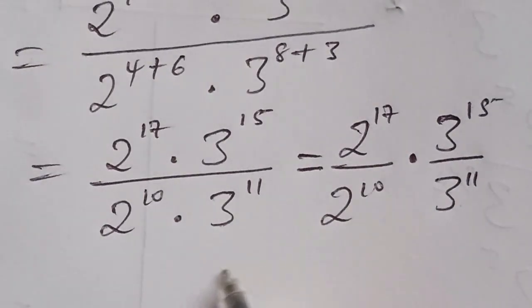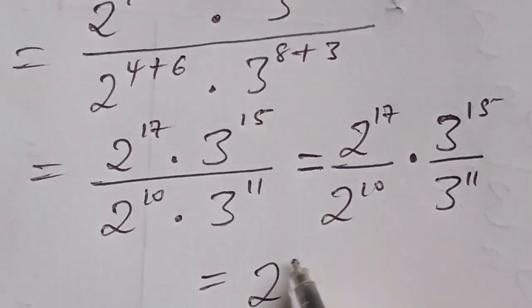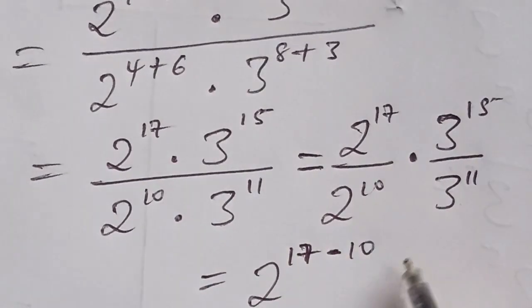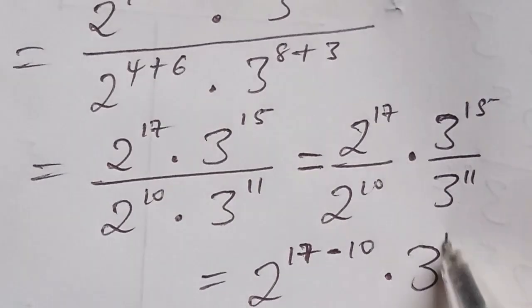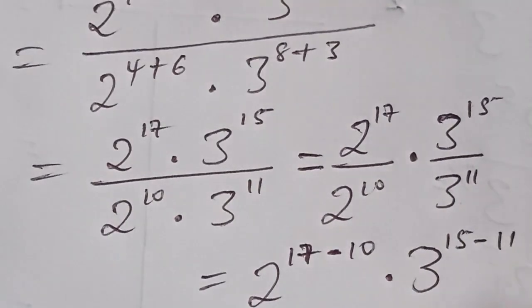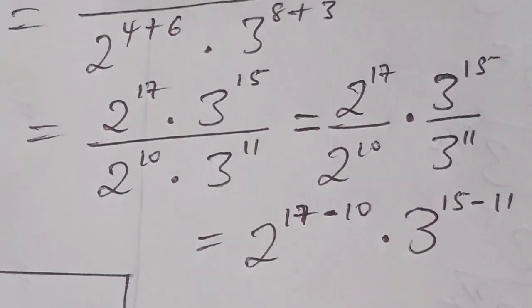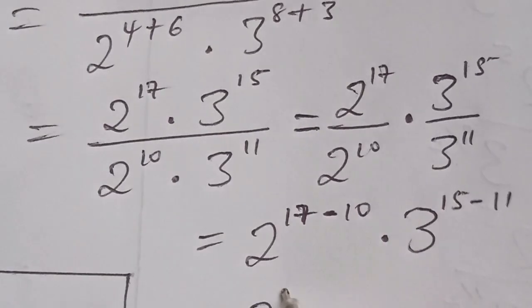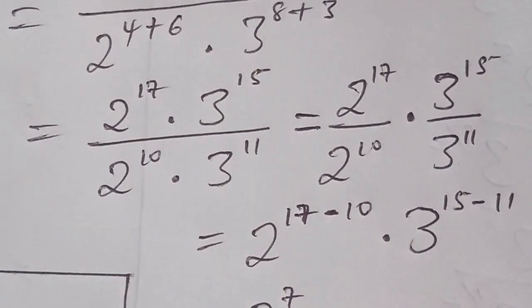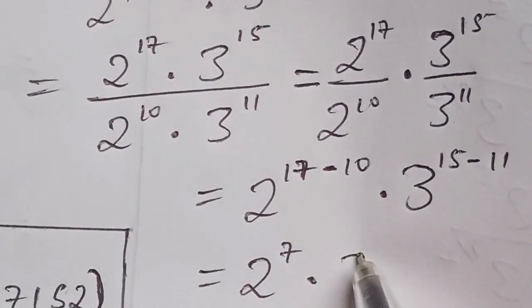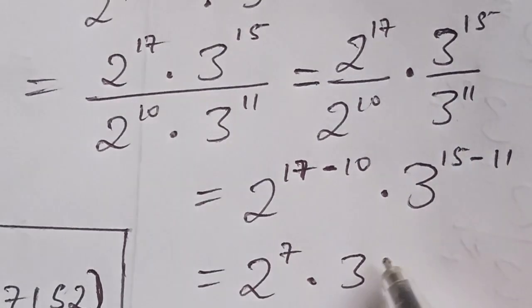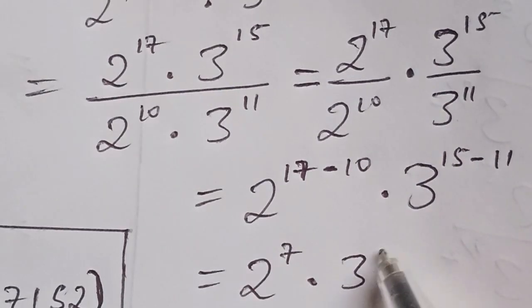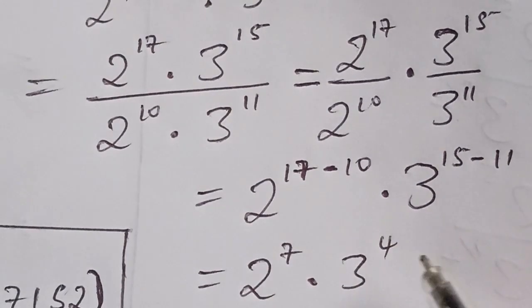Simplifying this, that will be equal to 2 to the power of 17 minus 10 multiplied by 3 to the power of 15 minus 11. And this is equal to 2 to the power of 7 multiplied by 3 to the power of 4.